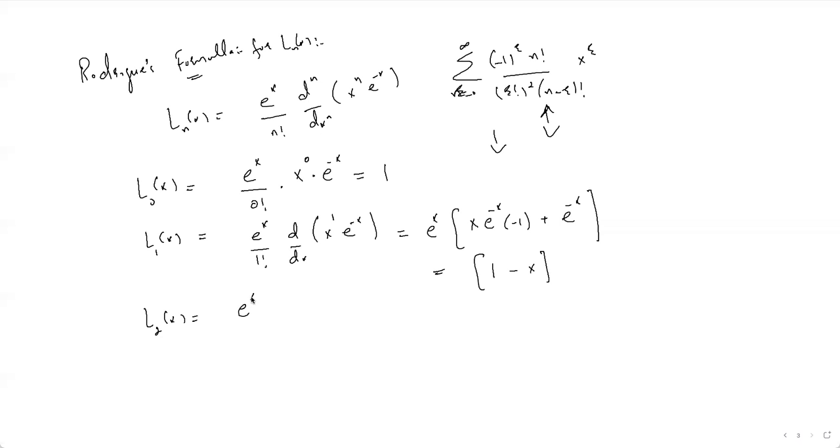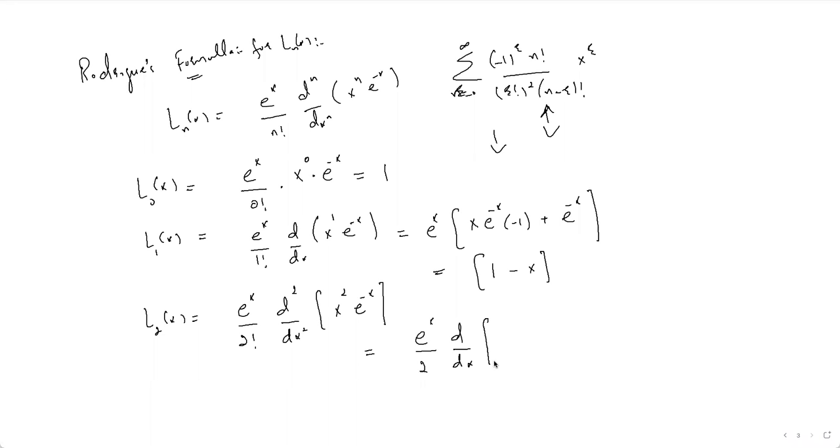L2 of x will now be e to power x divided by 2 factorial, then d2 by dx2 of x raised to power 2 into e to power minus x. Fine. So what I will do, I will just take the first derivative.